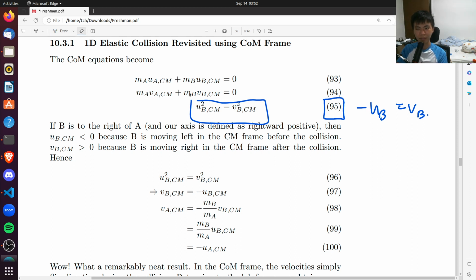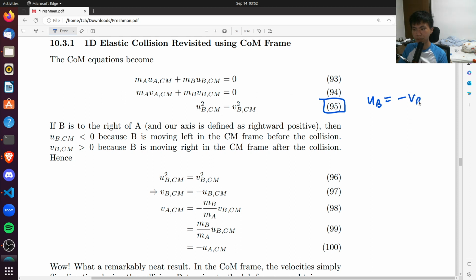And this will still hold true. But there's something nice we see here: because we're in one dimension, equation 95 is only satisfied in two ways. One is UB equals minus VB, and the other is UB equals VB. Either one of them is true.